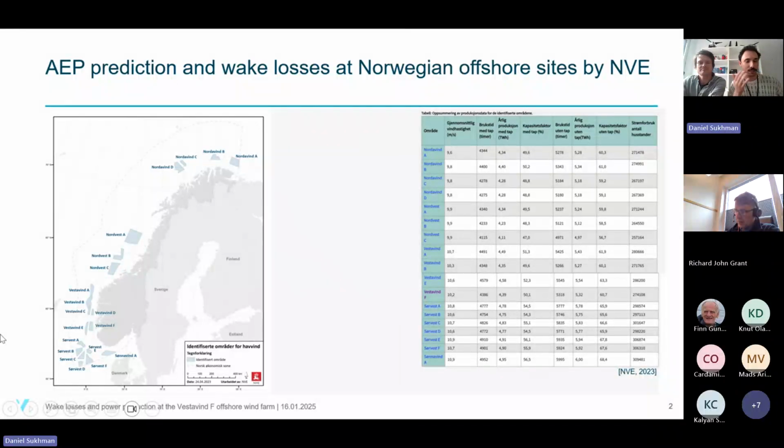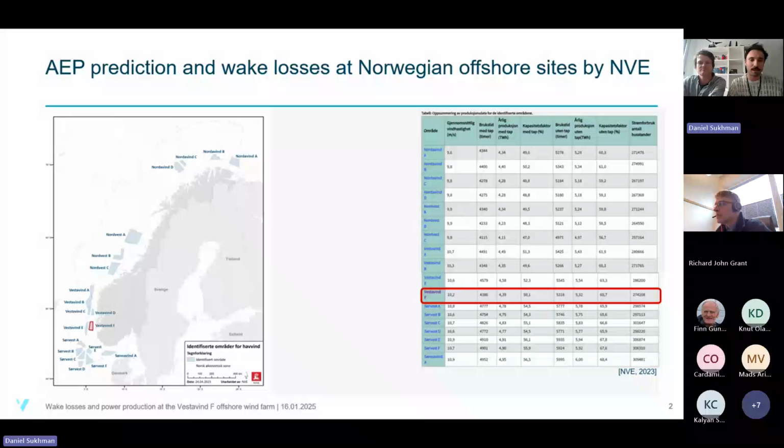I would like to mention that some of you may know that NVE has identified a lot of regions for wind farm projecting along the Norwegian coast, and one of them being Vestavind F, here marked in red. They did some calculations and estimations on how much energy such a farm at this specific site could produce.